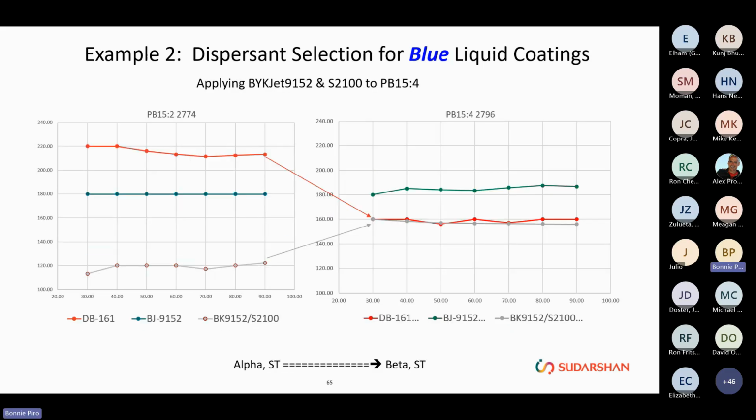And then lastly, if we go from an alpha surface treated to a beta surface treated, again, these are both originally designed for a liquid coating type system, we see something very similar, where one case had a similar response, but the other two dispersant choices had different ones.